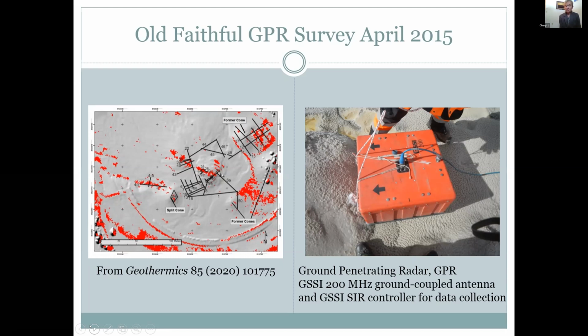On the right, you'll see the ground penetrating radar antenna, which is a GSSI 200 megahertz ground-coupled antenna. The controller was carried by one of the other team members as they went over the courses indicated on the left. Next slide.